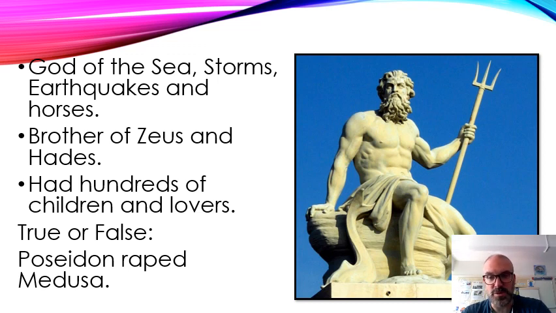I think it's also important to understand what Poseidon and Athene represent in some ways to the Greeks. So Athene is order, strategy, civilization, law. Poseidon is still a very positive god, but there is the storm, the earthquake, elements of chaos to him.